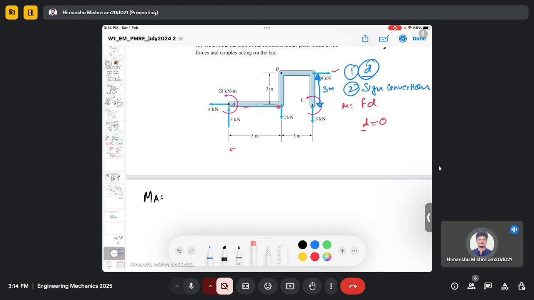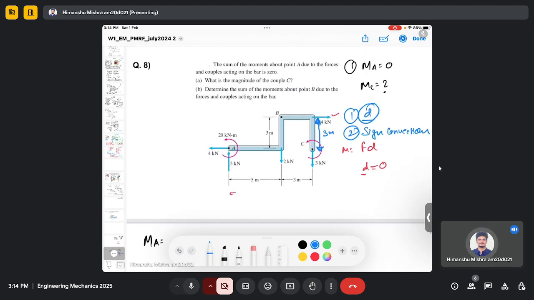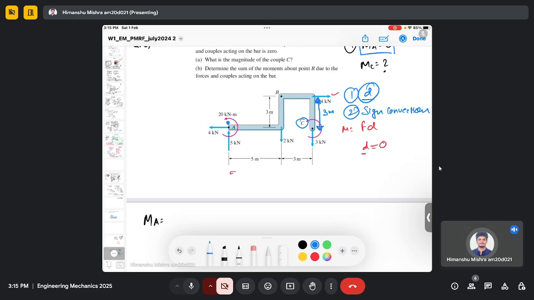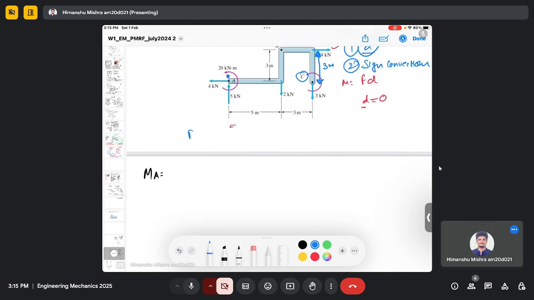Just for the newcomers who joined now, I will repeat. In this question we need to calculate the movement C, and we are given the condition that the movement at point A is 0. So we select a point A here, and then we have to calculate the movement at point A. We already know it's 0, but from the movement equation we can actually get the details about various forces and various unknown movements, and this is the quantity at C we need to find.